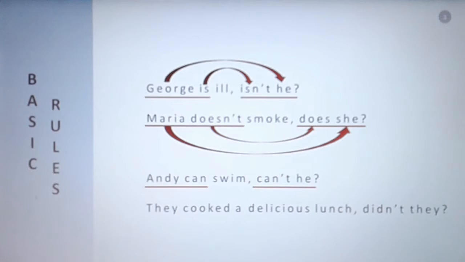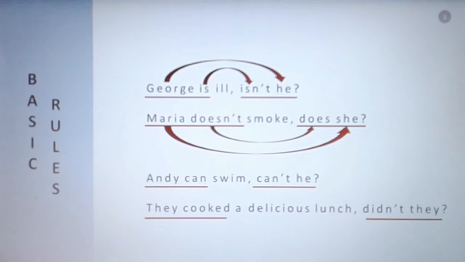Okay, the last one, they cooked a delicious lunch, didn't they? So the question tag is didn't they? Why do we use didn't? Because if you can see here, we use cooked, verb 2 of cook, and it's in the form of positive verb.